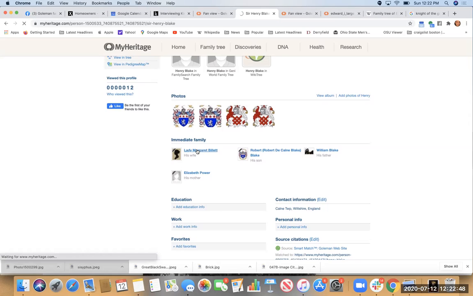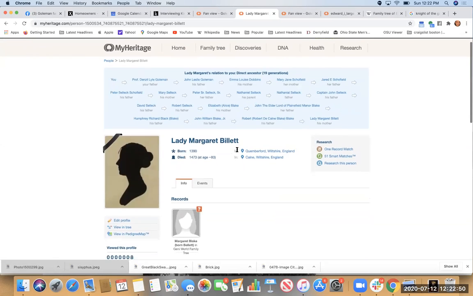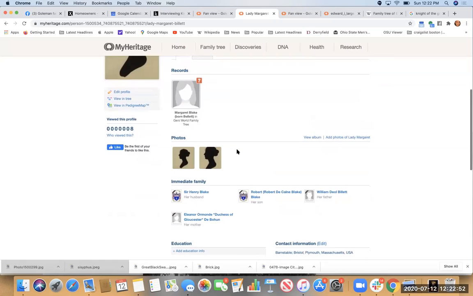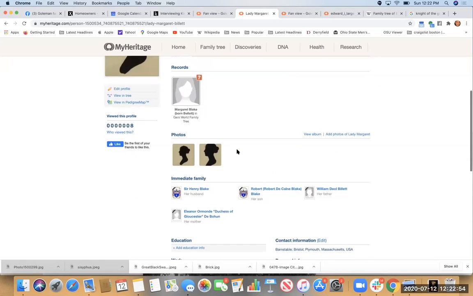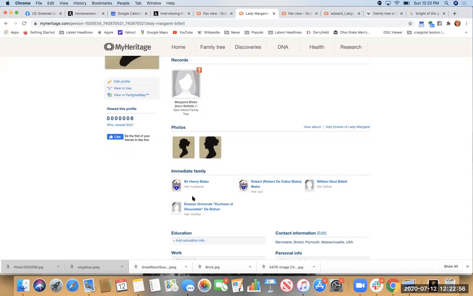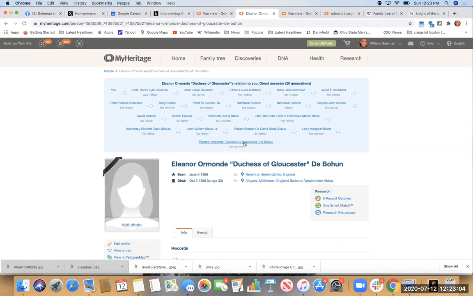Yeah, and his mother, Lady Billet, she was the daughter of this woman, Eleanor Ormond, Duchess of Gloucester. And now this is the first one where I've seen a Duchess title.